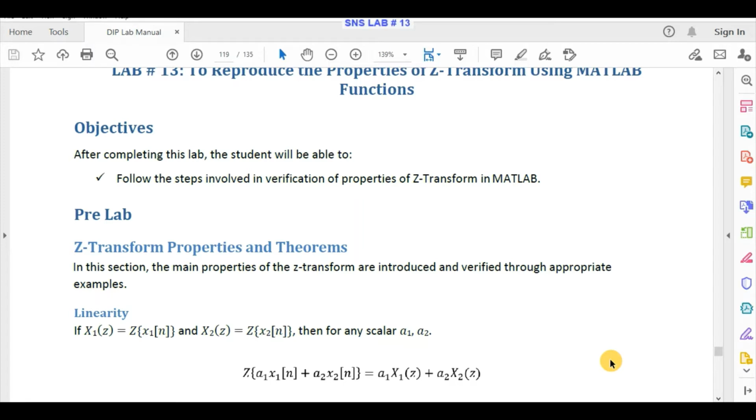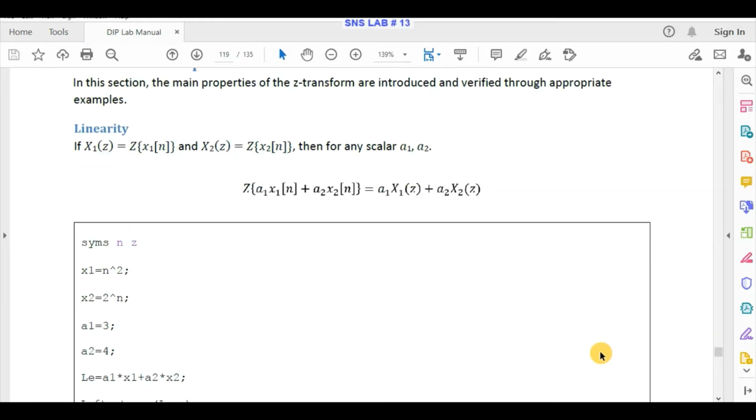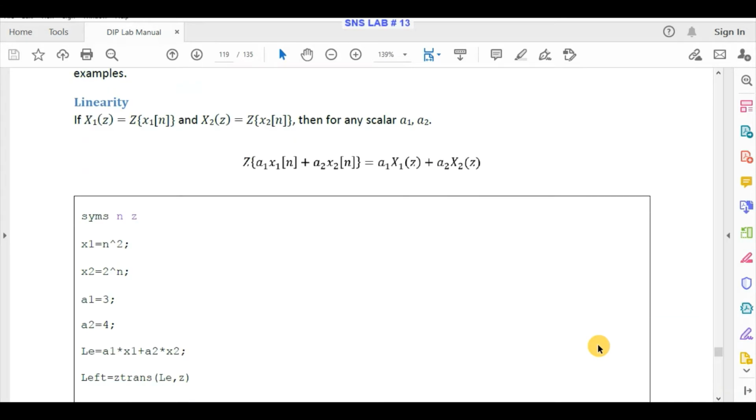If the answer of both sides are same, then we can say linearity property has been verified through MATLAB functions. Here is the example code given.